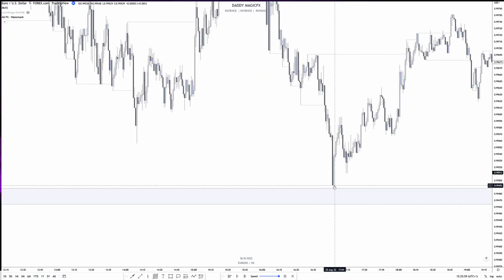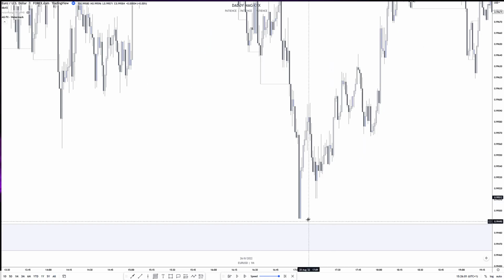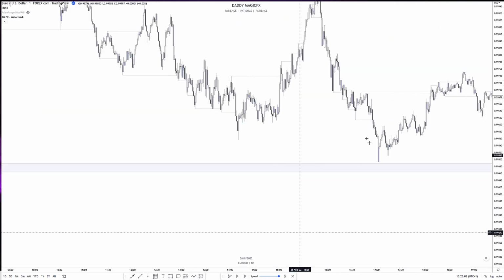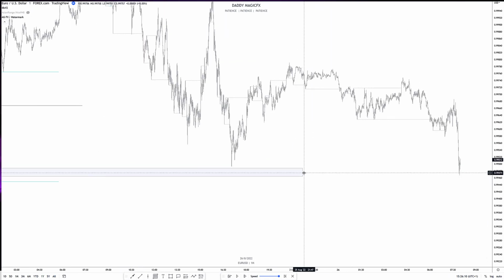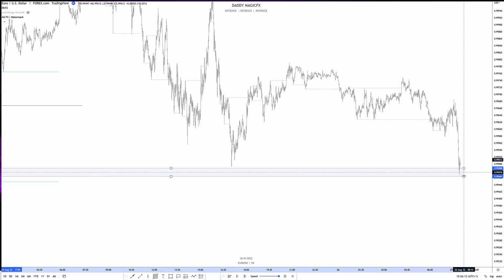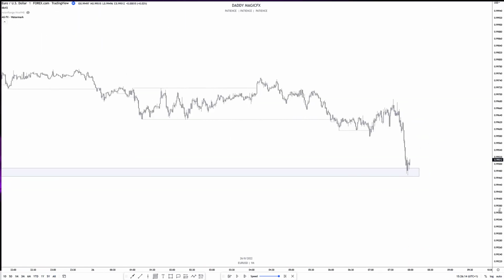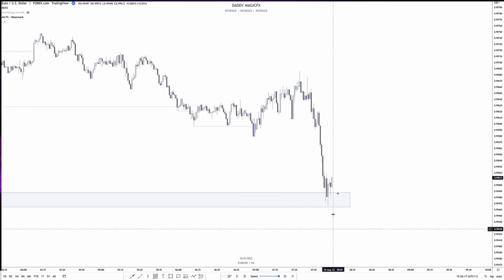A, it's equal lows down there, and B, it just hasn't tapped into a zone in this unmitigated area that we've refined. So expecting that tap, and that is exactly what we got down here.